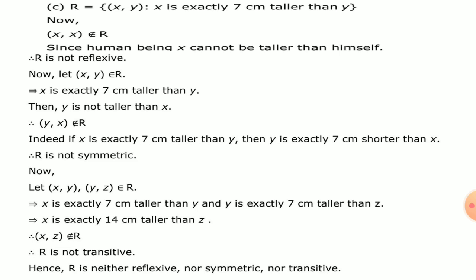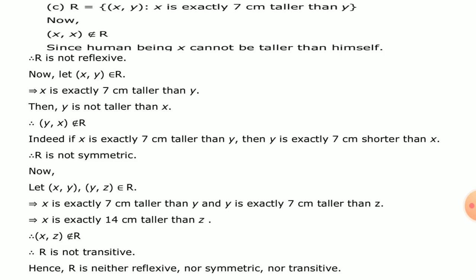Let (x, y) belong to R and (y, z) belong to R. That means x is exactly 7 centimeter taller than y and y is exactly 7 centimeter taller than z. So x is equal to y plus 7, and y is equal to z plus 7.